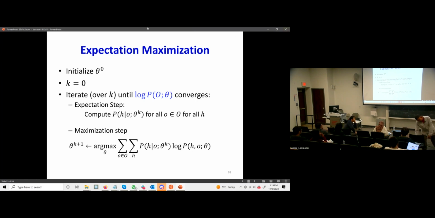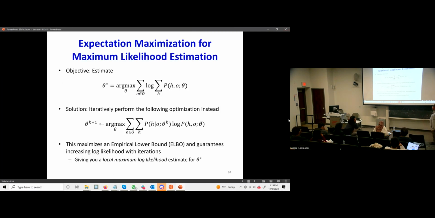And if I iterate this process, I'm guaranteed to finally find a locally optimal value of theta. So this maximizes an empirical lower bound and guarantees at least non-decreasing log likelihood with iterations, giving you a local maximum log likelihood estimate for theta, right?